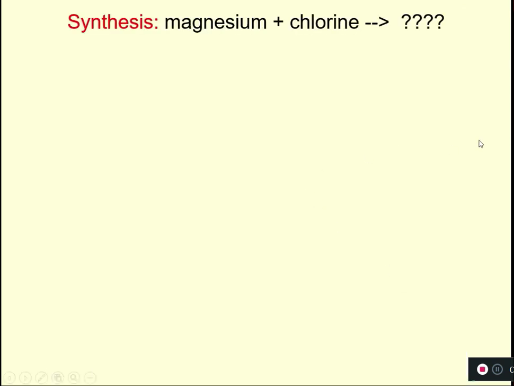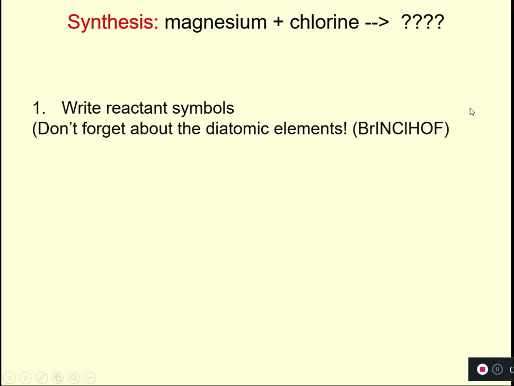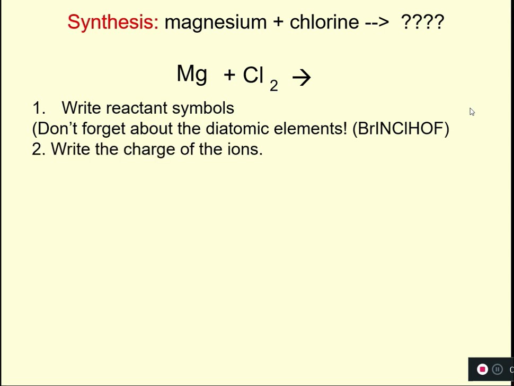Okay, so let's look at other reactions. If magnesium were to react with chlorine, what would it make? The first thing you need to do in order to write a reaction for a synthesis is write the reactants' symbols. So magnesium is Mg, chlorine, because it's a Brinkelhoff, is Cl2, and it's going to create the substance magnesium chloride.